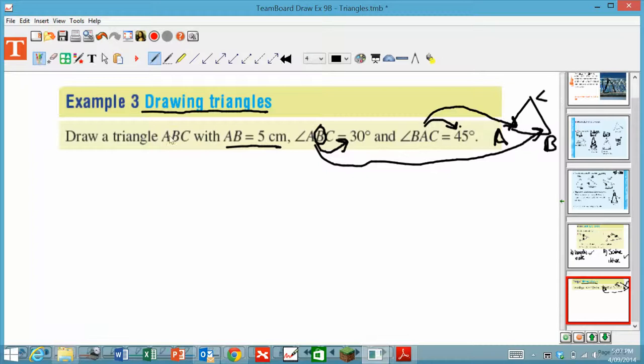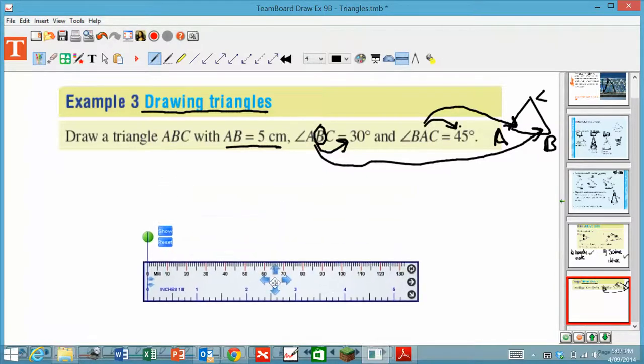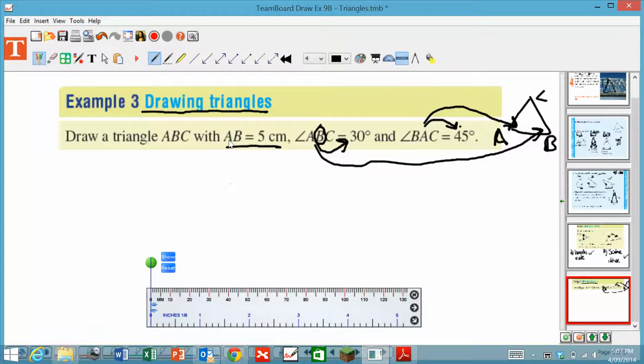To do that we are going to need a ruler to begin with. So I'm just going to put the ruler down here. My length from A to B has got to be 5 centimeters. So from here, 1, 2, 3, 4, 5.